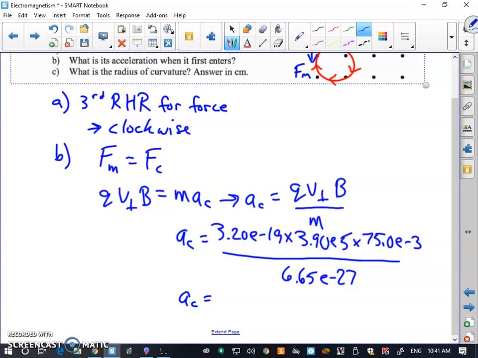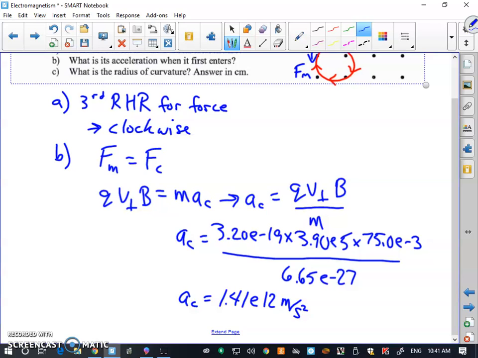And the calculation, please. All right, I got 1.41 E12.